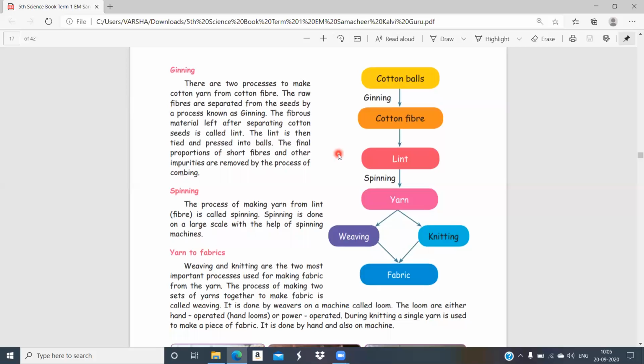The lint is tied and pressed into bales, and the final short fibers and impurities are removed by combing.